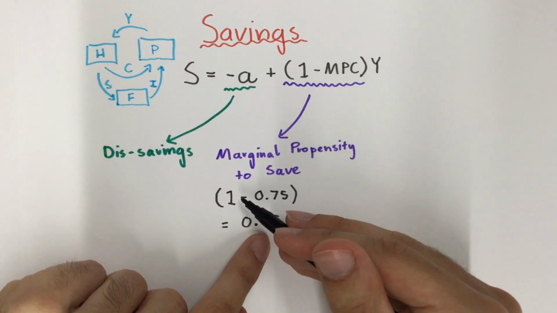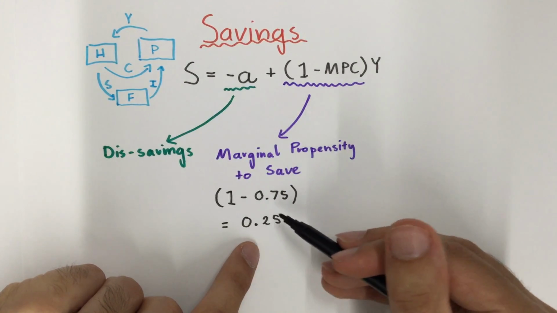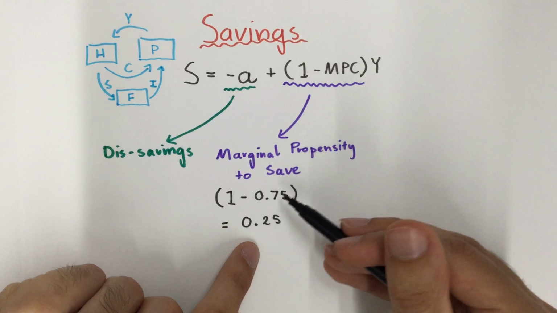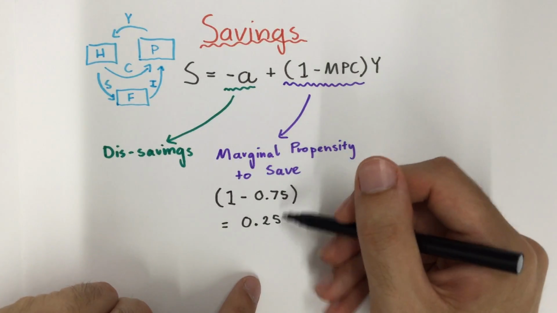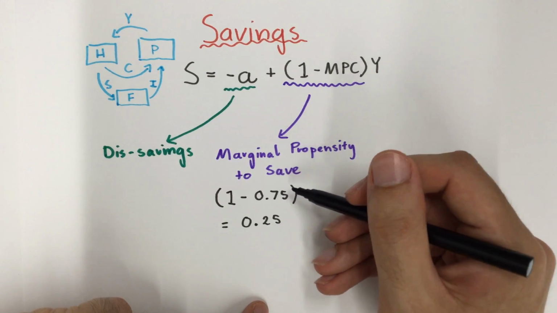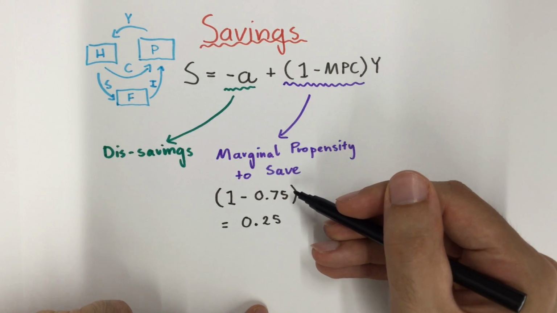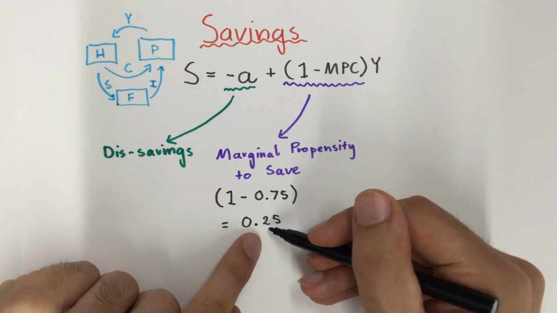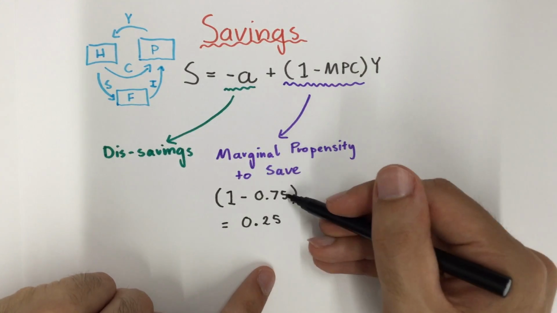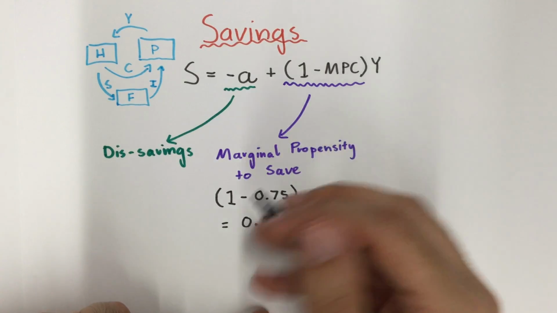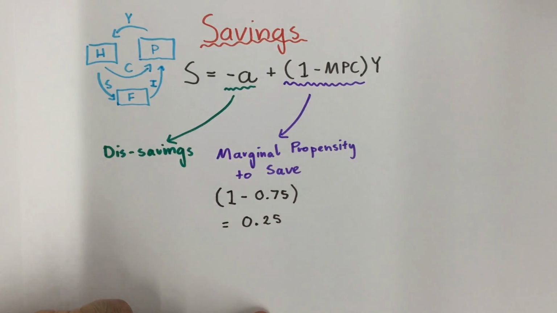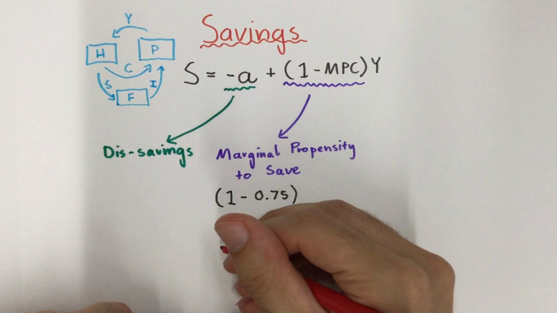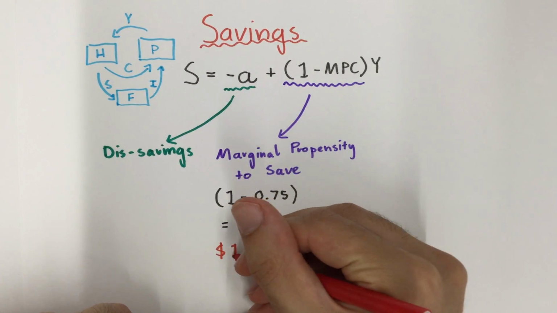Our change in income is now resulting in a change in our savings, not only our consumption. What's also important to note is that the MPC, which in this case is 0.75, and the MPS, which is 0.25, should equal 1. So the assumption, I guess, that we make in Keynesian economics is, let's say we have $1.